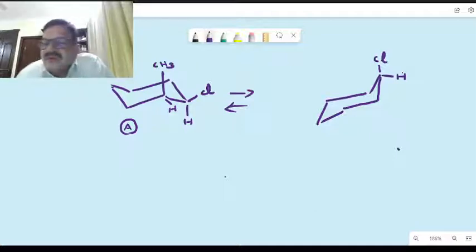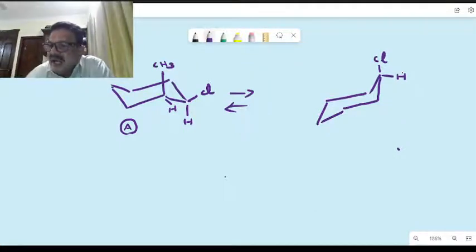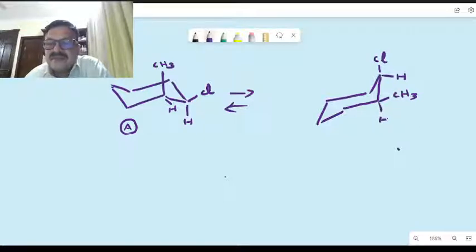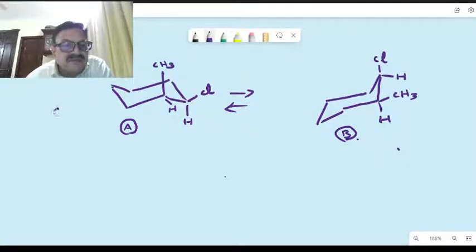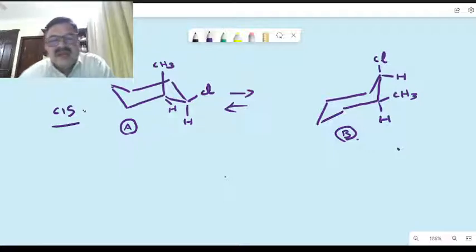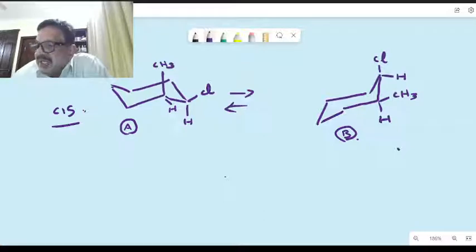The equatorial chlorine becomes axial chlorine and the axial methyl group becomes an equatorial methyl group. This is conformation B. A and B are the conformations for the cis isomer. All these are cis.